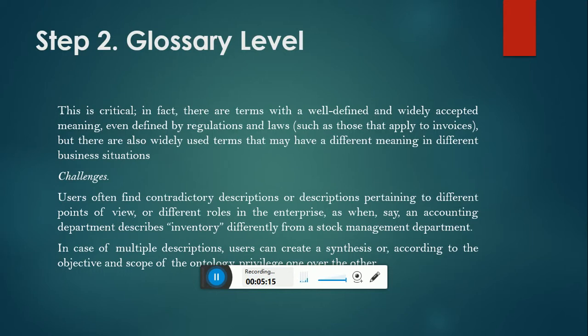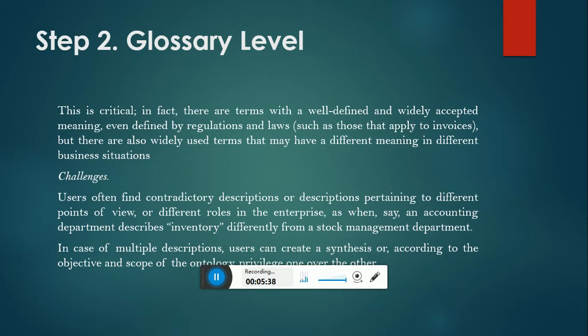So the second step is the glossary. It is critical, and in fact there are terms with a well-defined and widely accepted meaning, even defined by regulations and laws, such as those that apply to invoices, but there are also widely used terms that may have a different meaning in different situations.